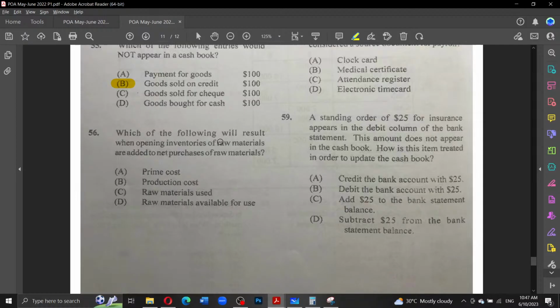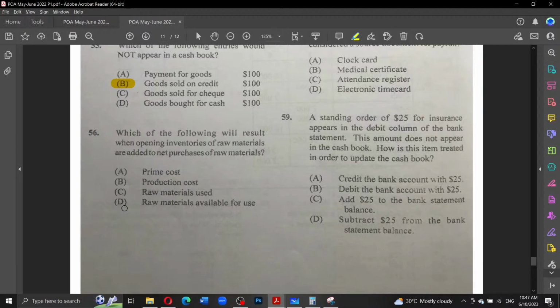Which of the following will result when opening inventories of raw materials are added to the net purchases of raw material? Opening inventory plus net purchases will be cost of goods available for sale, or in this case here, the manufacturing account, so it will be cost of material available for use.